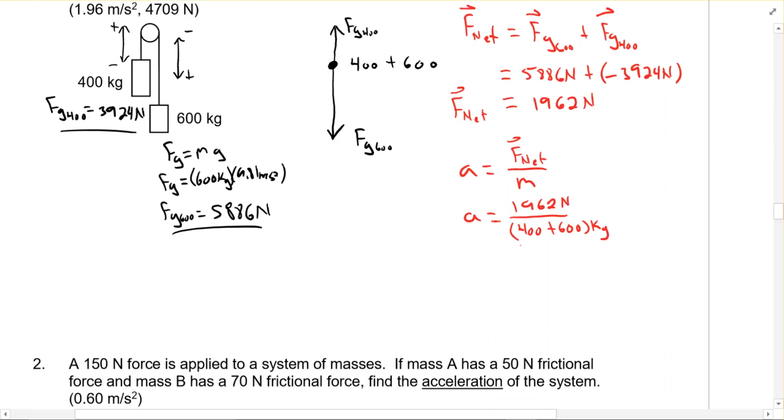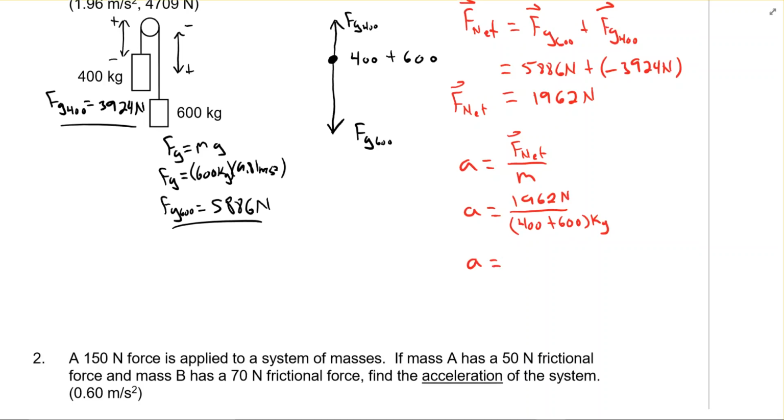If you're adding things together, you can just add them without units in the brackets and then put the units at the end of the brackets. That's totally a legit way to do it. So that's going to be 1.962 meters per second squared.